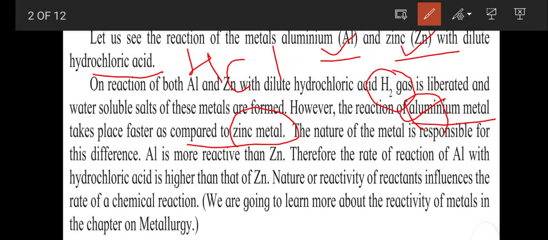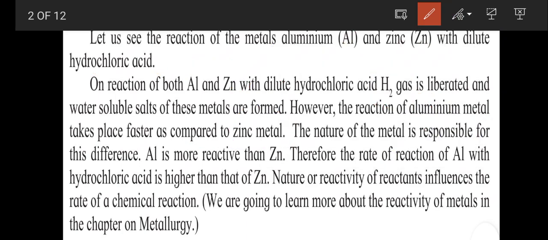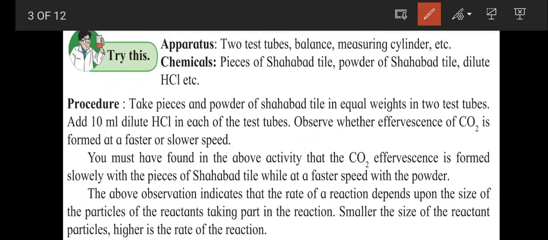The nature of the metal is responsible for the difference: aluminum is more reactive than zinc, therefore the rate of reaction of aluminum with hydrochloric acid is higher than that of zinc. So here we can say that the nature of the reactant plays an important role in the reactivity. I hope you understood this one.